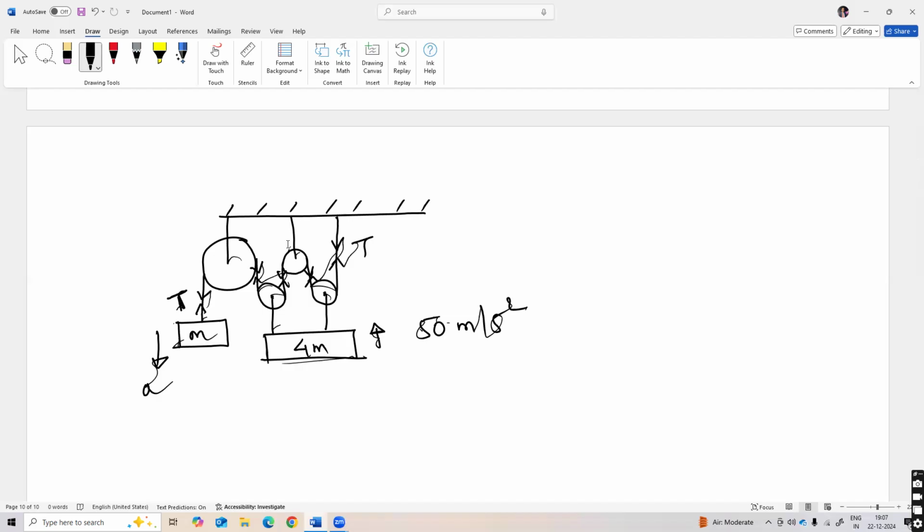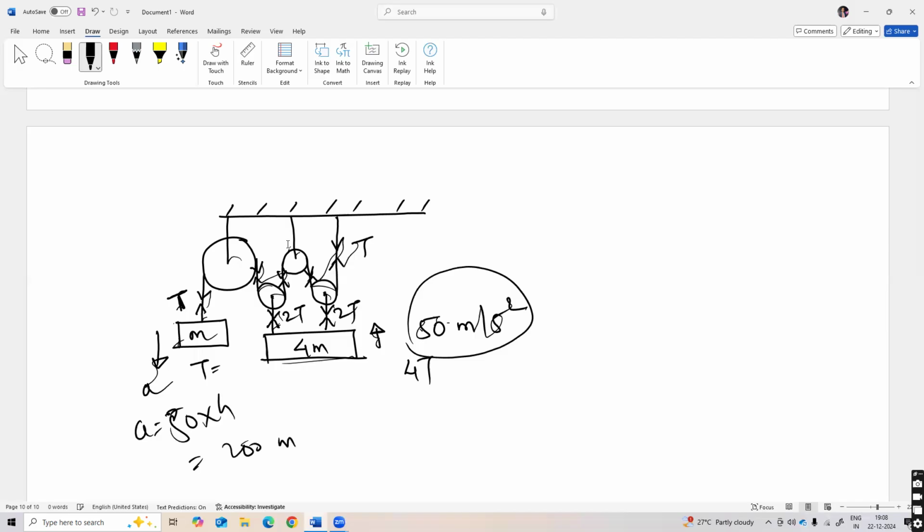If you draw the equilibrium diagram here, this will become 2T, and here also it will become 2T. So the net tension on this block is basically T, and on this block it is equal to 4T. So if this has 50 meter per second square acceleration, this will have an acceleration of 50 into 4, and it will be 200 meter per second square.